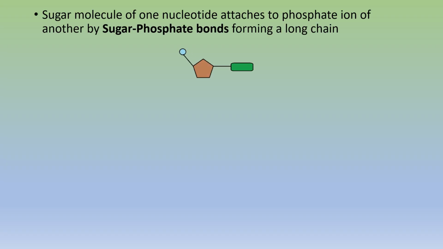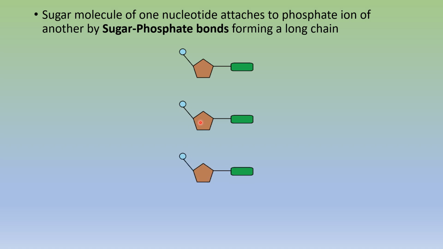Now my sugar portion, or my sugar molecule of one, so this is how we are actually creating this long chain of our DNA. The sugar molecule of one nucleotide, so this is my sugar molecule of one nucleotide, attaches to the phosphate ion of another nucleotide. So my sugar portion here is going to attach to my phosphate ion here.